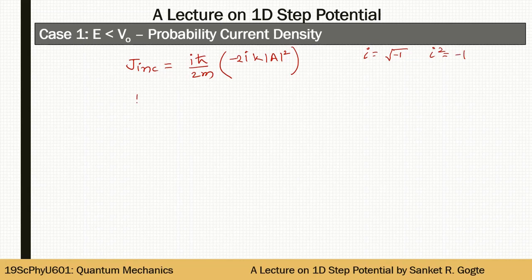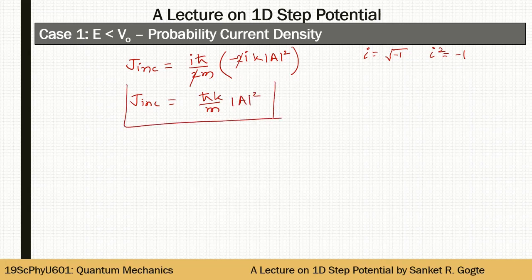Therefore J incident is, this 2 gets cancelled and i also is not there, so it is h cross k by m into mod a square. So this is the probability current density for the incident particle, for the incoming particle.